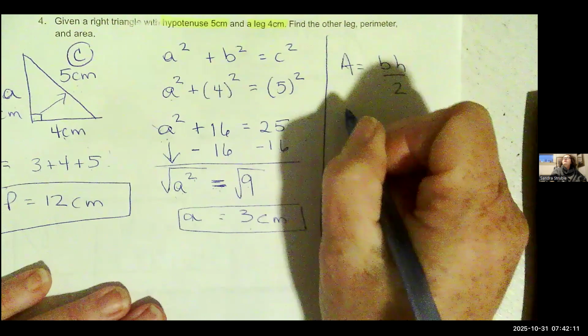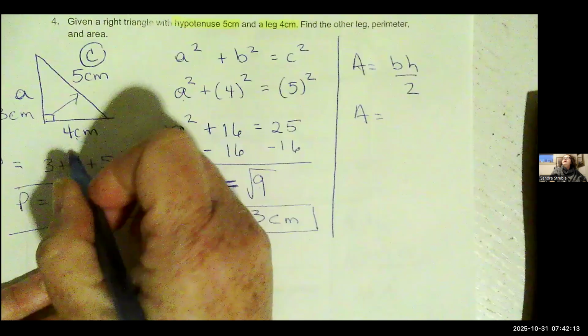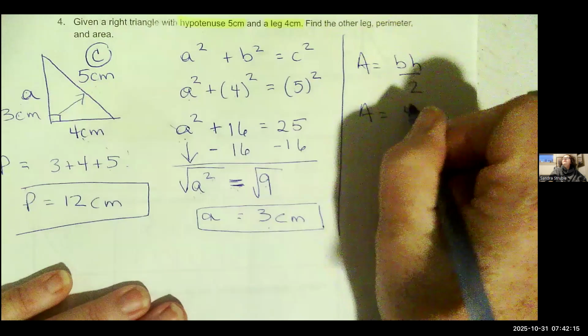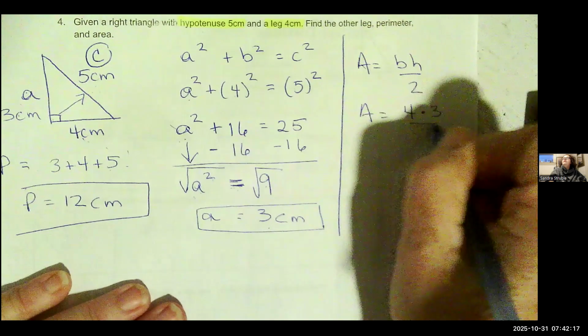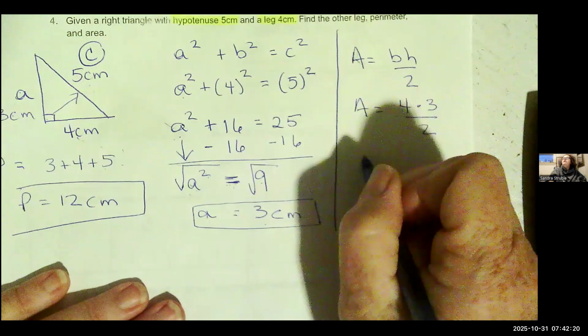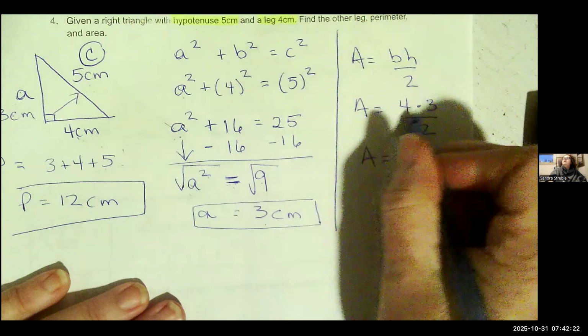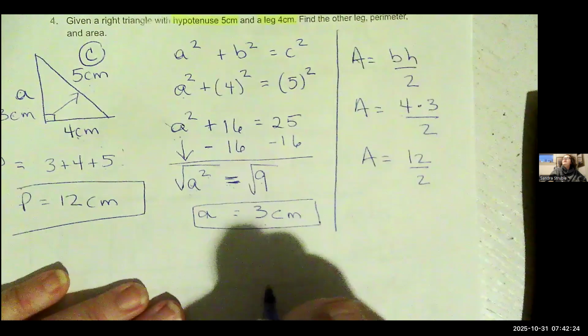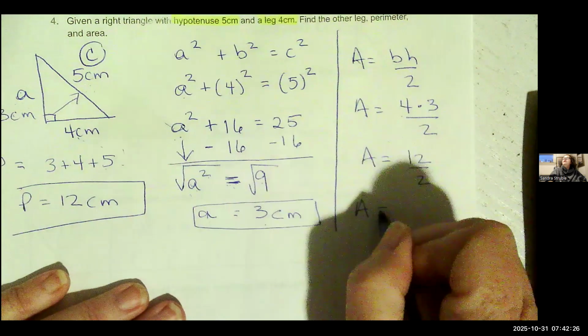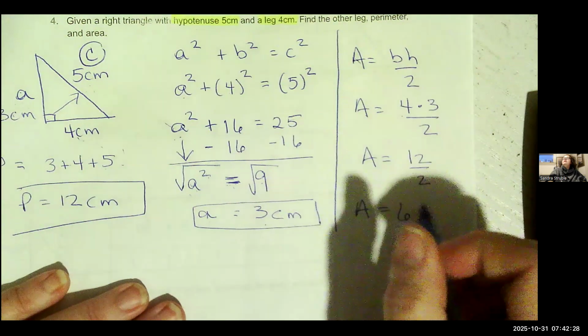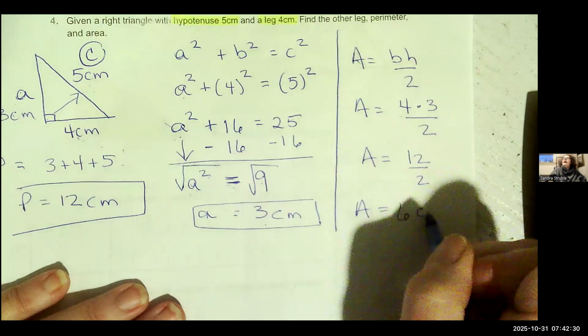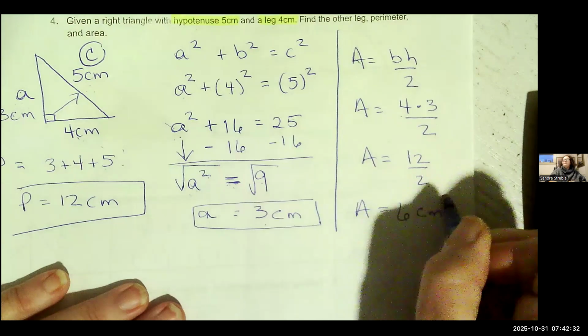Base of 4, height of 3 divided by 2. 4 times 3 is 12 divided by 2. 12 divided by 2 is 6. And don't forget your unit. It's not centimeters, it's centimeters squared. It has to be squared for area.